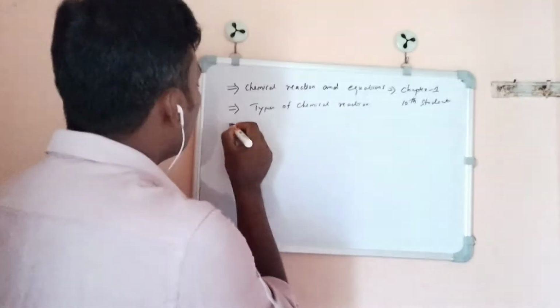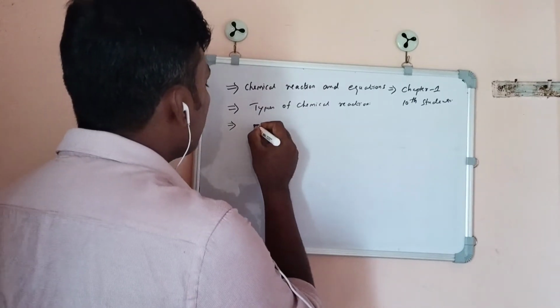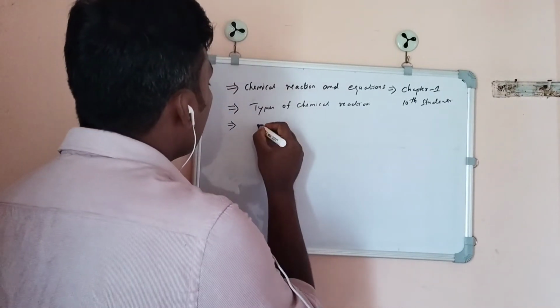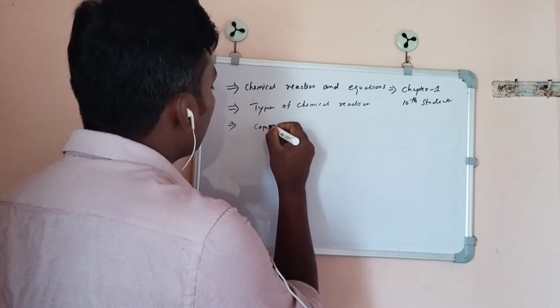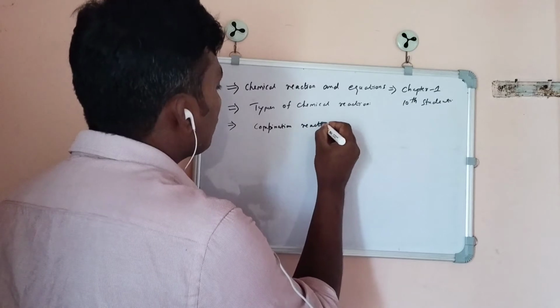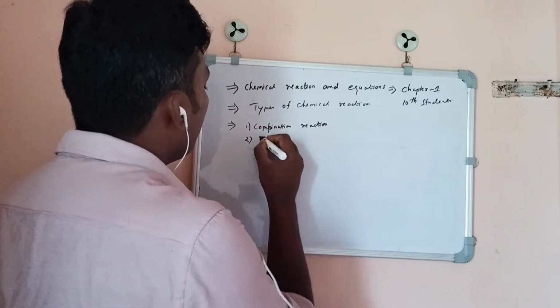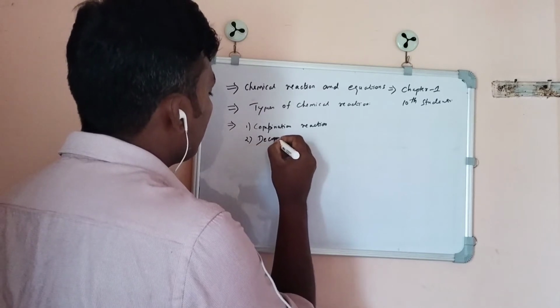In your book you can see 5 types of chemical reactions. First one is combination reaction. Second, decomposition reaction.